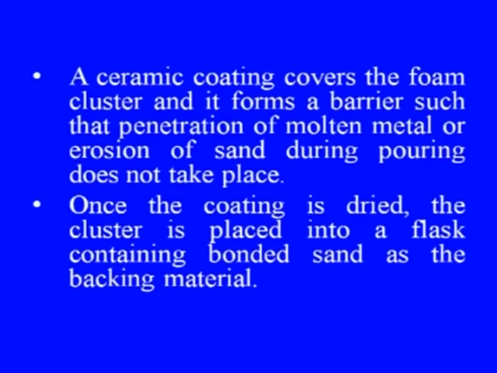The gating system is also glued and attached in a similar fashion. A ceramic coating covers the foam cluster and forms a barrier such that penetration of molten metal or erosion of sand during pouring does not take place.